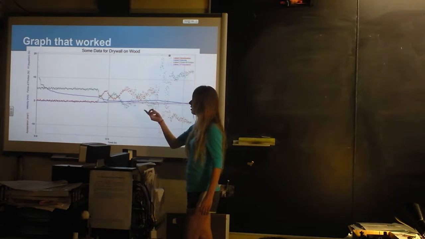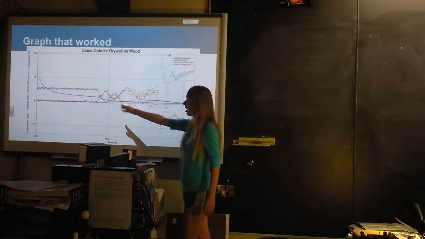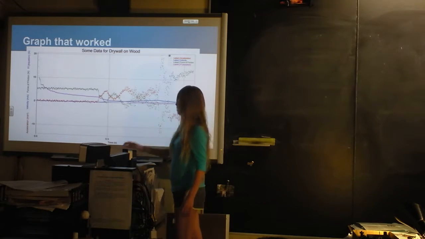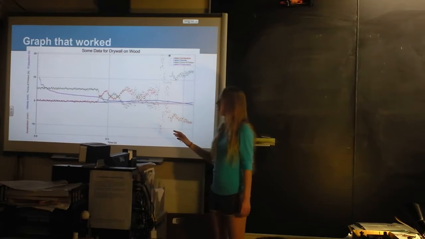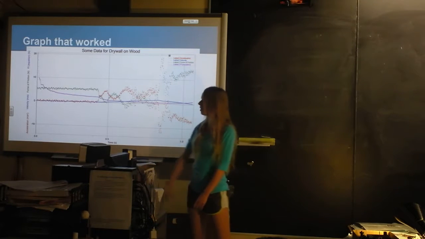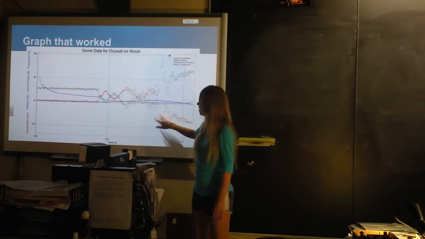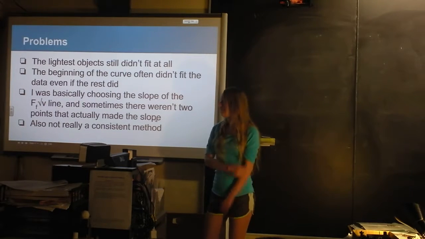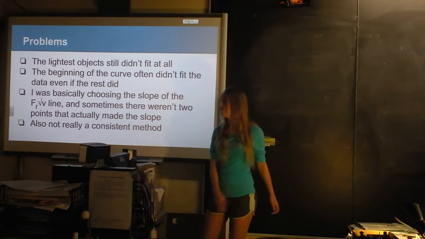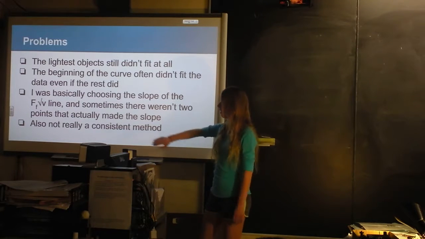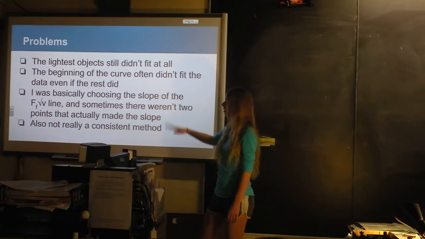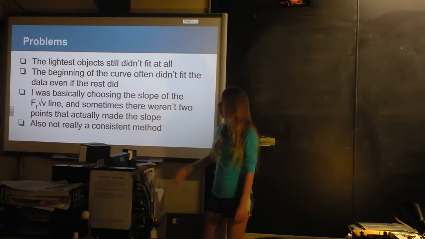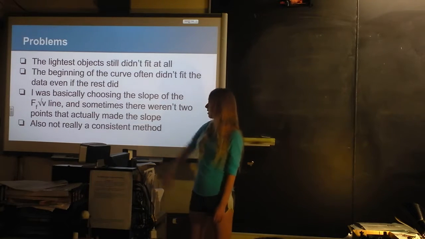I'm really not sure what happens at the beginning with some of them, but I think it might have something to do with when it's changing from static to kinetic. And also everything's averages. The really light objects, and I think there's one on the next slide, still didn't fit at all, because they had such little friction that it was just down at 0, and this curve always started from really high.